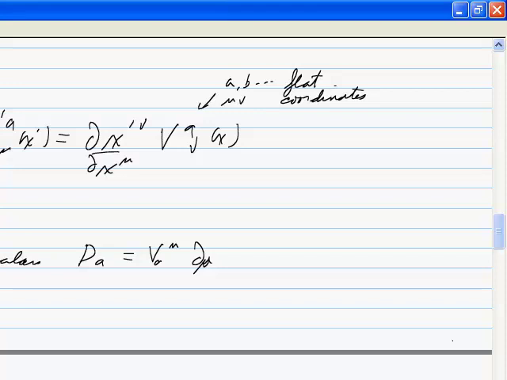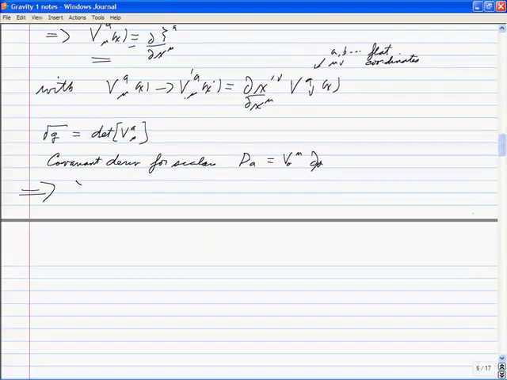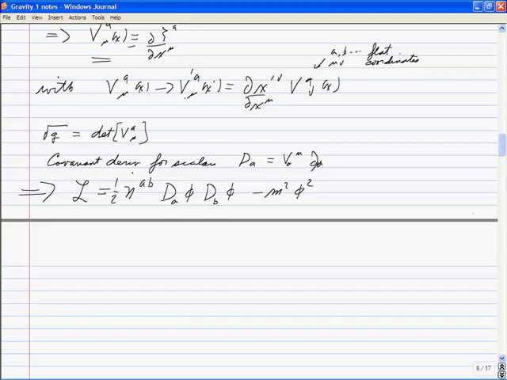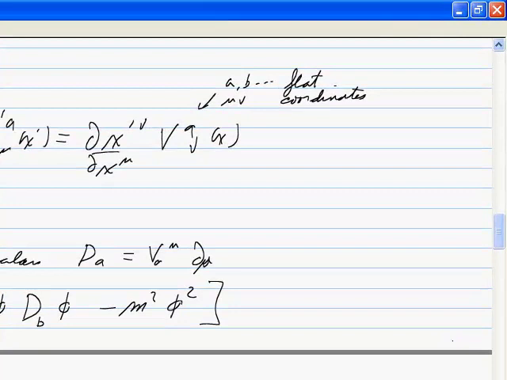Such that the Lagrangian now is eta^AB, derivative_A phi, derivative_B phi, squared. So there I've got a covariant derivative for a scalar.